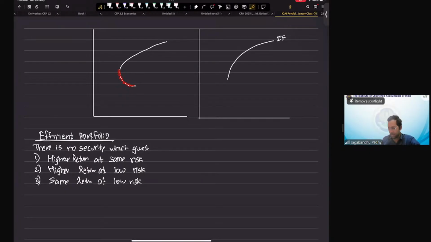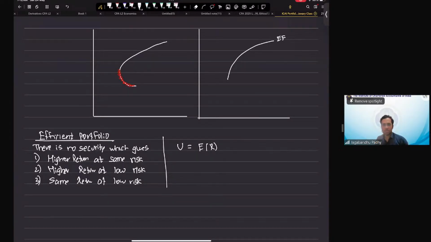Then Markowitz came up with the concept of utility theory, which states that an investor enters the market with the intention of generating some amount of happiness, right? Some amount of utility. That utility, Markowitz stated, is going to be like the expected return of the portfolio. This is the gross happiness that the investor is going to get.